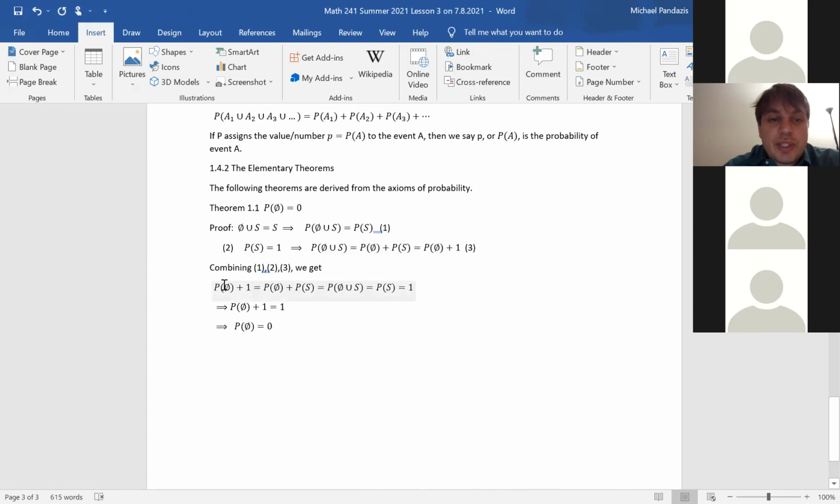If you combine all 3, you get P of the empty set plus 1 is equal to P of the empty set plus P of S, which is equal to P of the empty set union S, which is equal to P of S, and that equals 1. Therefore P of the empty set plus 1 equals 1, and so P of the empty set is 0. Now theorem 1.1 is proved.